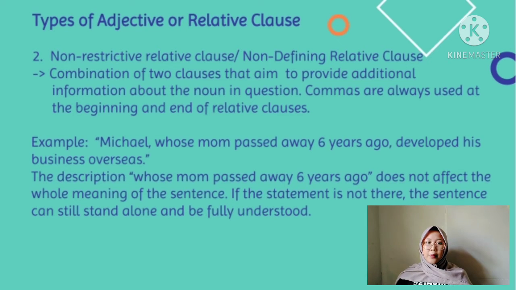Let me give you an example: Michael, whose mom passed away 6 years ago, developed his business overseas. The description "whose mom passed away 6 years ago" doesn't affect the whole meaning of the sentence. If the statement is not there, the sentence can still stand alone and be fully understood.